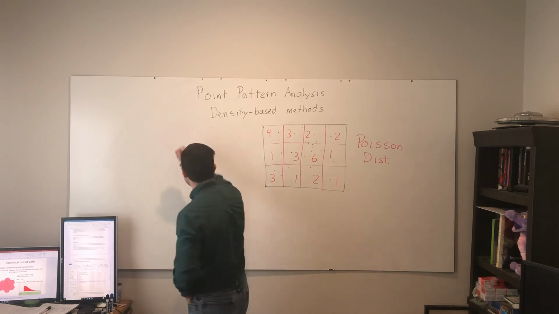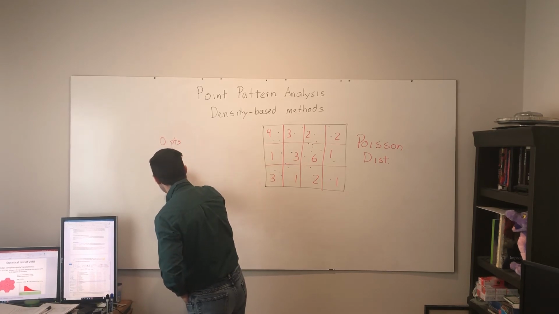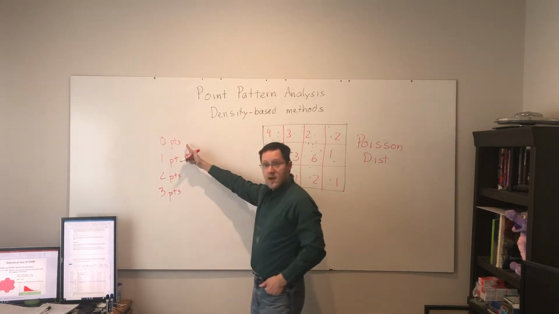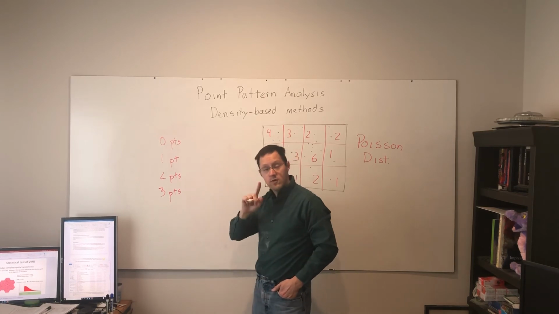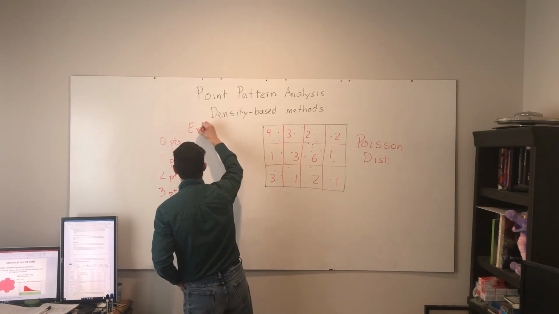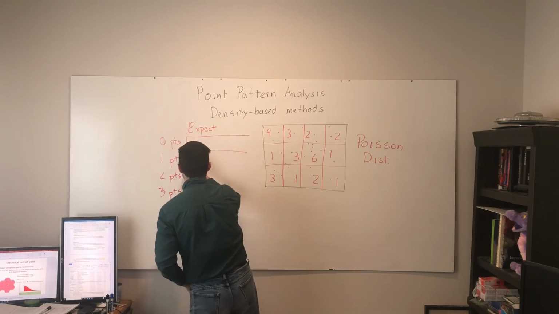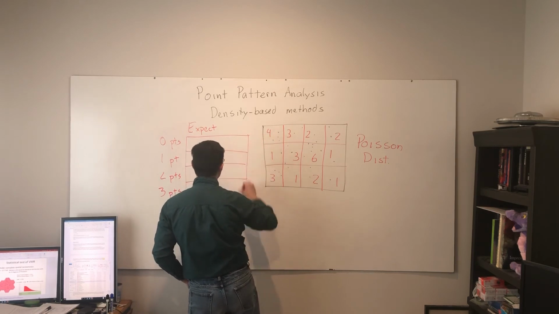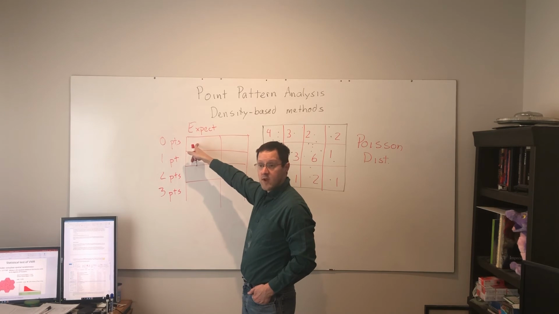I can say how many cells do I expect with this complete spatial randomness?